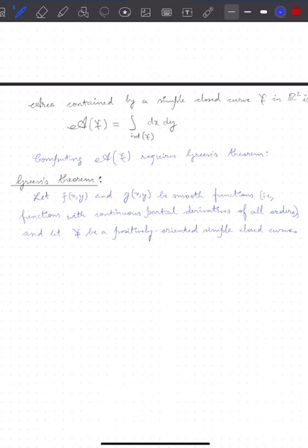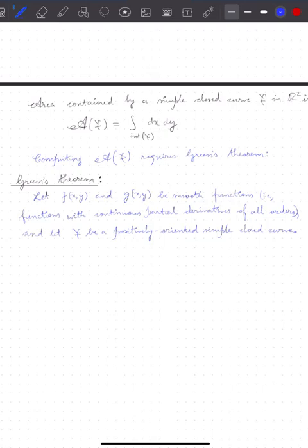If it is taken to be pi by 2 anti-clockwise with respect to the local tangent vector of gamma vector at s, then it is called a positively oriented simple closed curve, right?